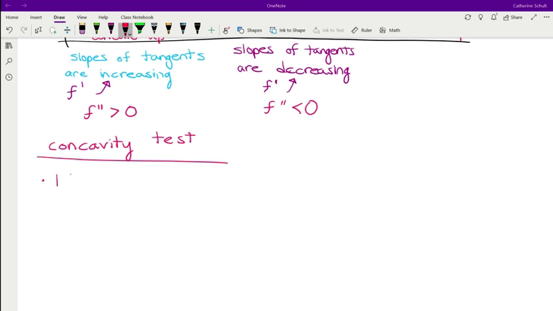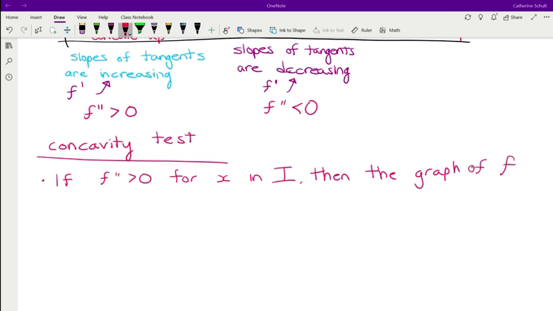Okay, so if f double prime, the double derivative, is greater than 0 for x in some interval I, then the graph of f is concave upward on that interval, going all the way back to f from the double derivative, using that to give us information about f.